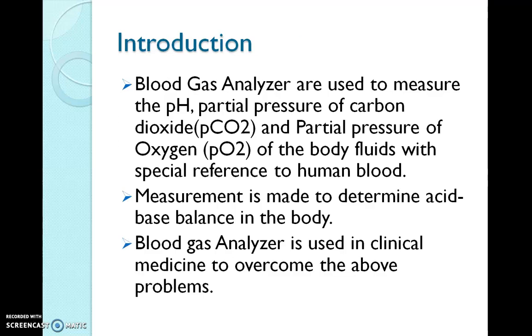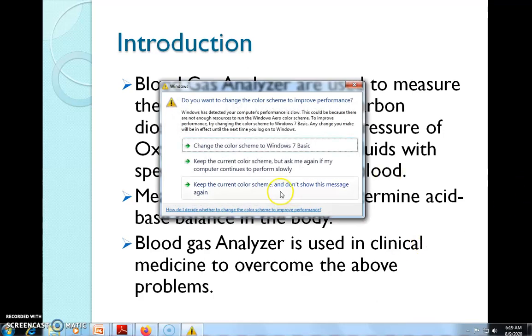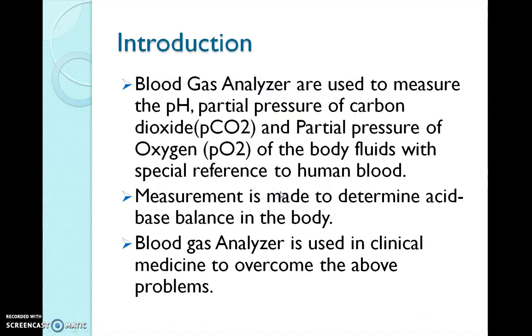First we discuss what a blood gas analyzer is. Blood gas analyzers are used to measure the pH, partial pressure of carbon dioxide (PCO2) and partial pressure of oxygen (PO2) of the body fluids, with special reference to human blood. pH is nothing but power of hydrogen or potential for hydrogen.